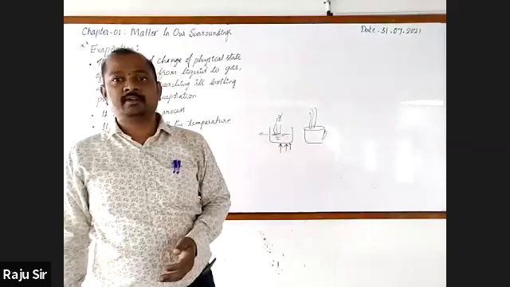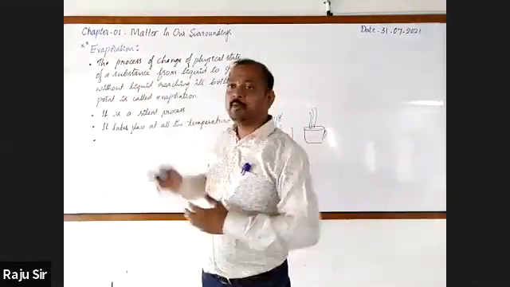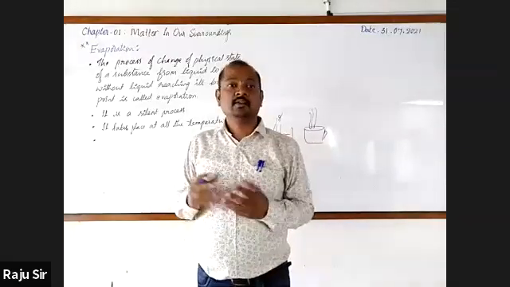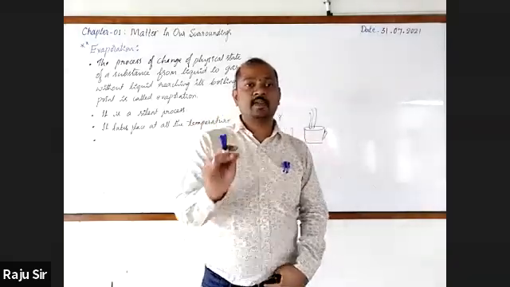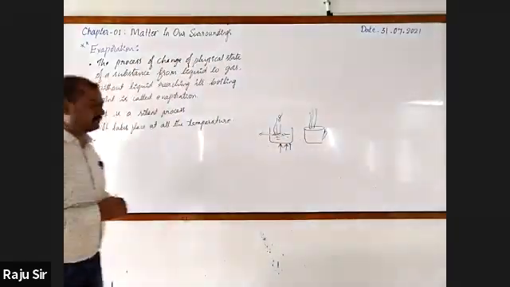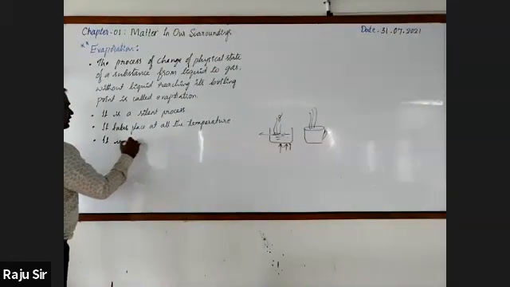The examiner has asked, why is evaporation called a surface phenomenon? You have to write because it takes place only on the surface of the liquid. Right? So we can also write the upper layer.